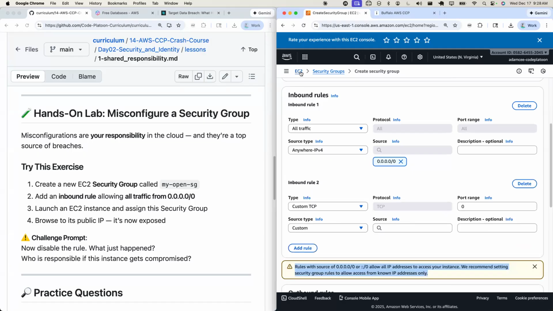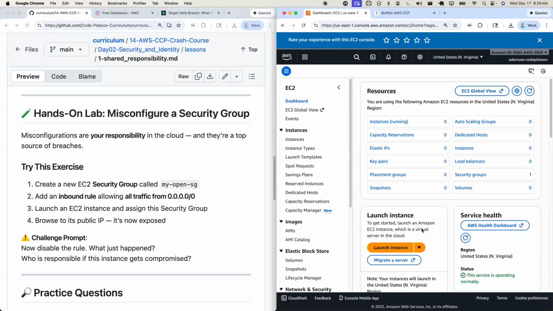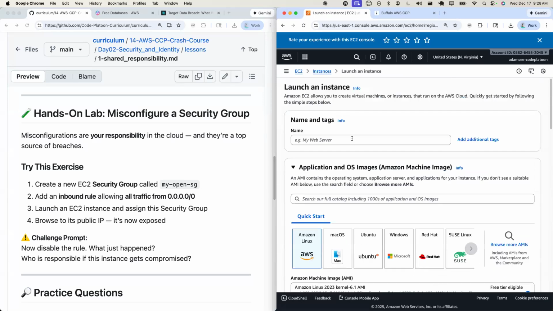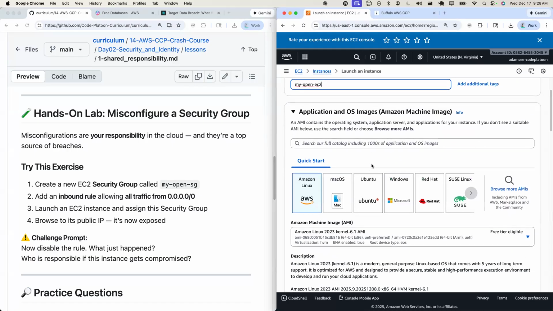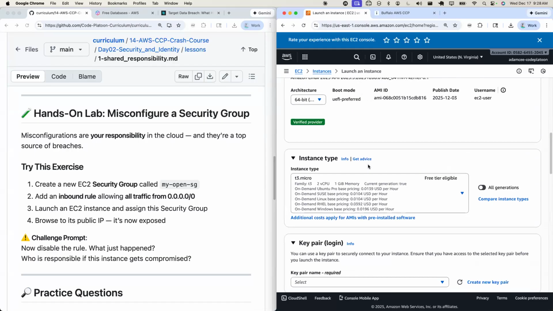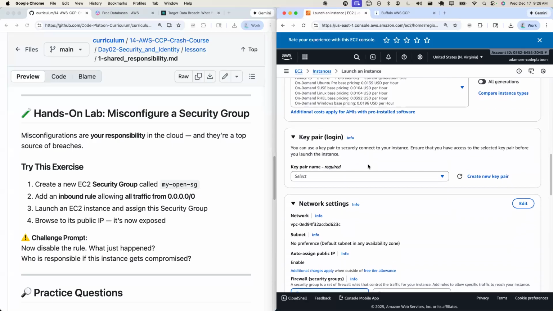So we're going to add the rule, and now let's make an EC2, and we'll just make a virtual server, and we'll call it my open EC2 just to keep it simple. And we'll give it a description, instance type.